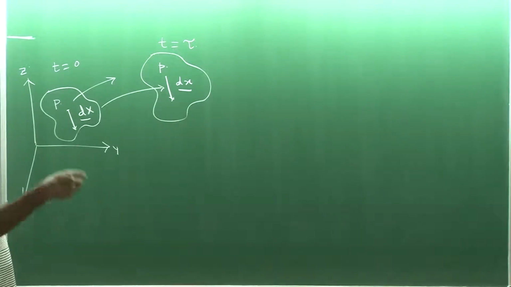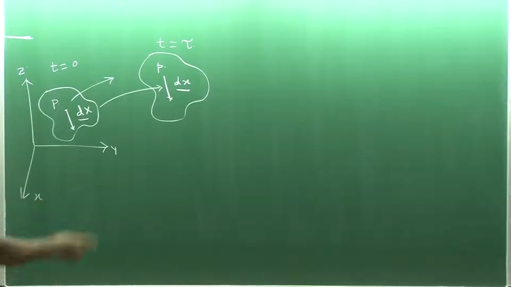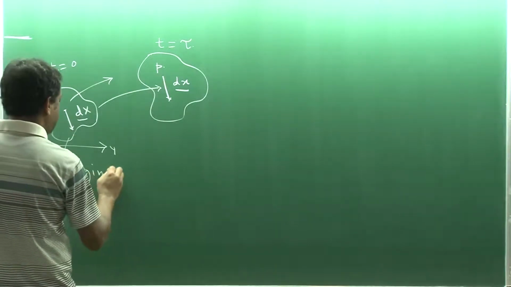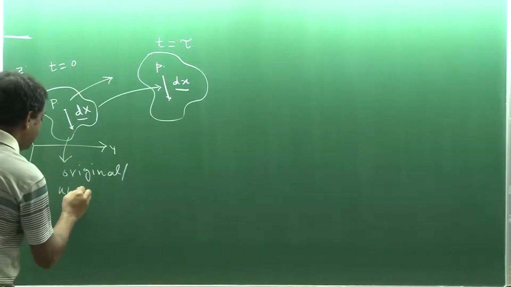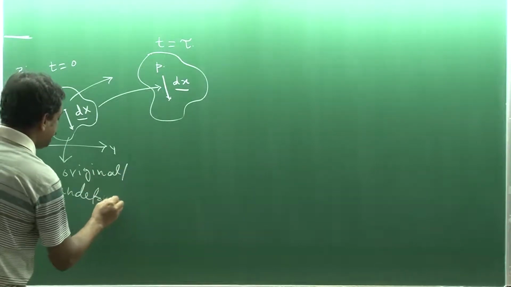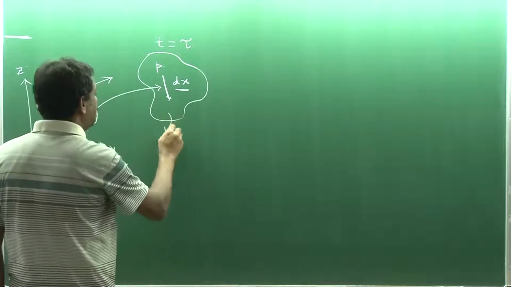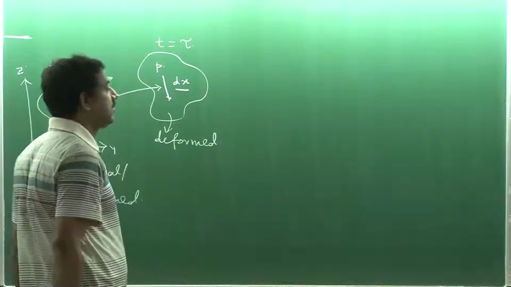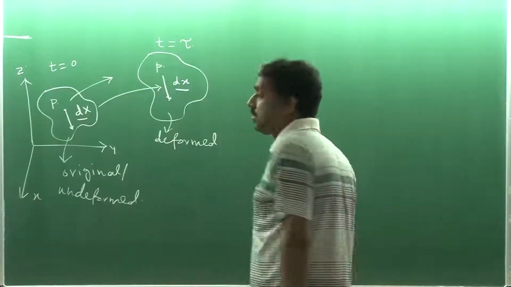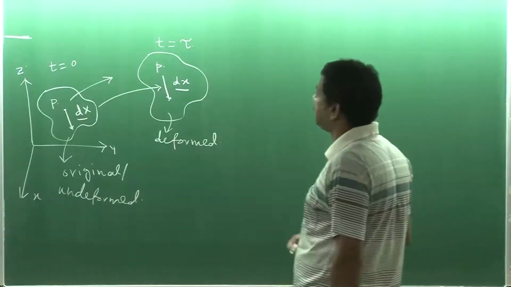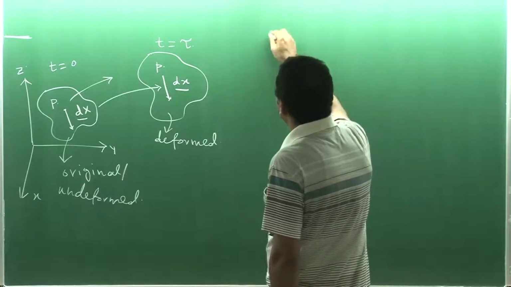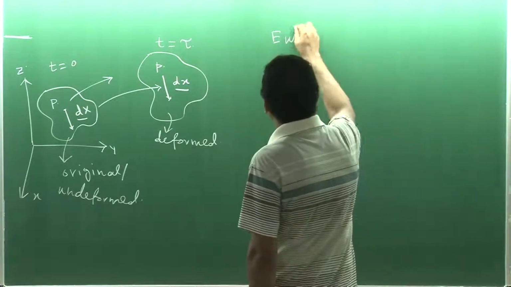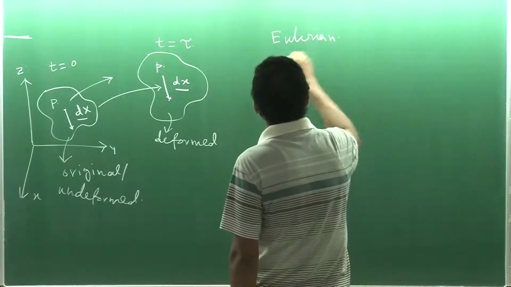So, when everything is denoted with respect to the undeformed or original configuration, this is undeformed, and this is the deformed configuration. When we consider it with respect to the deformed configuration, then it is Eulerian. So, there are two approaches, Eulerian and Lagrangian.